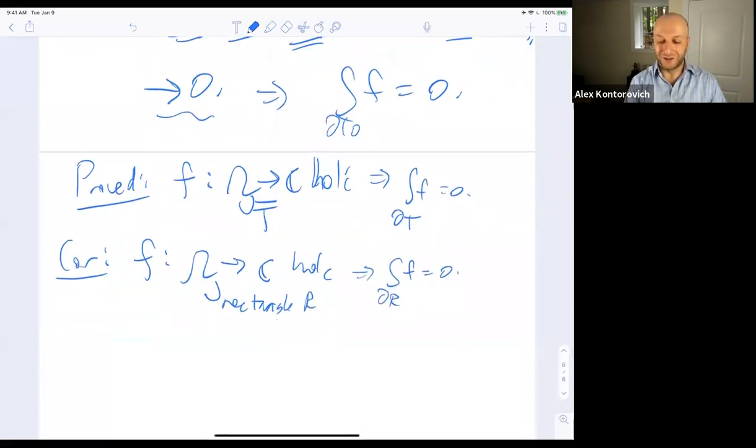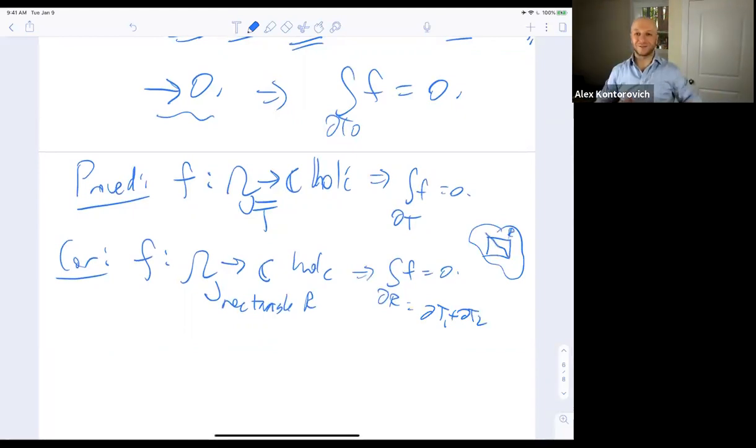Why? I have a rectangle. Yes, it's two triangles. Okay, rectangle, which is the boundary of a triangle plus the boundary of another triangle, and the interiors go in opposite directions.